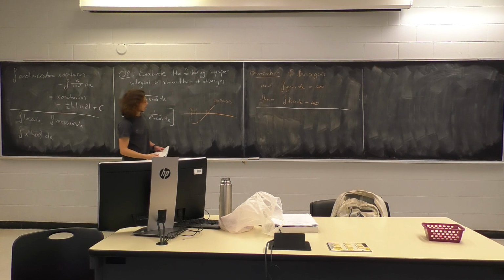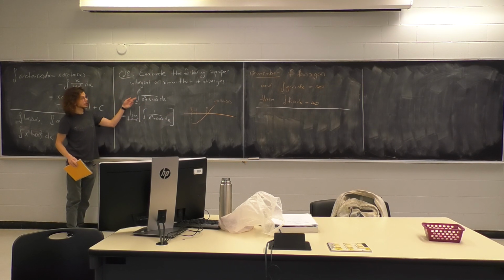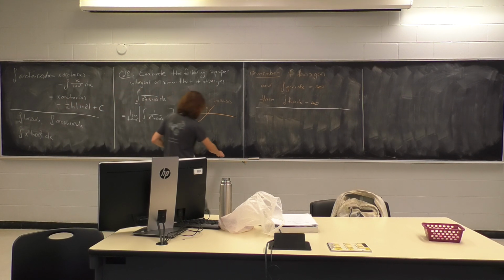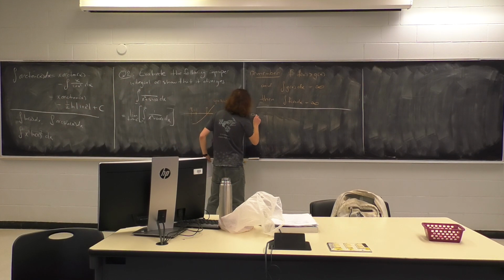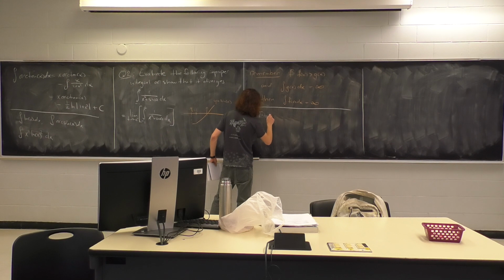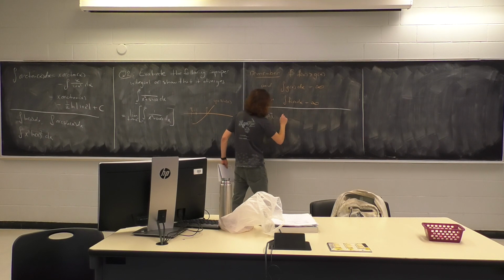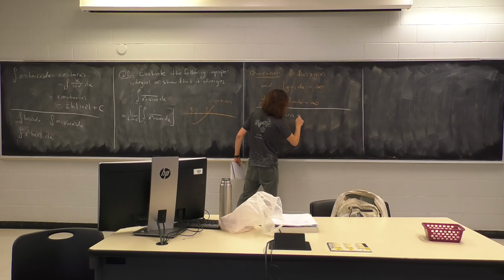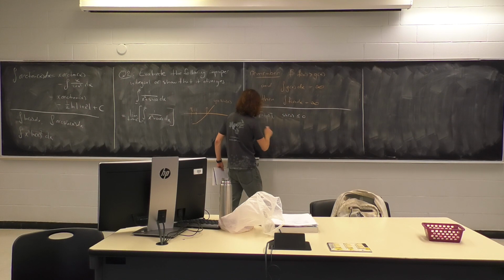But you see, 0 is here. Sine of x on this interval of integration, that's very important, is negative. So on this interval, -1 to 0, sine of x is smaller than or equal to 0.